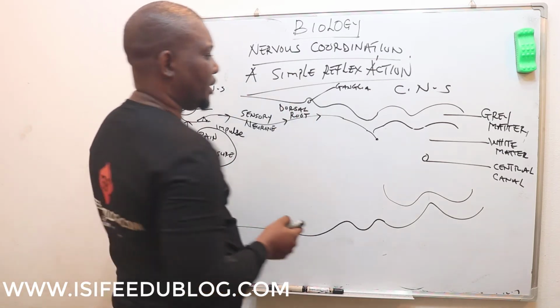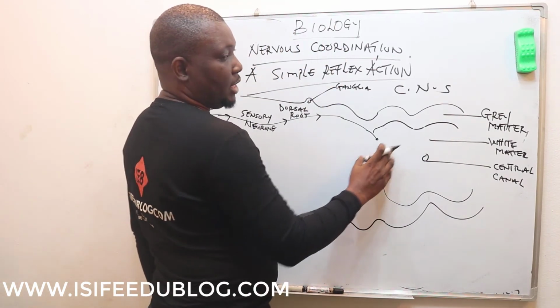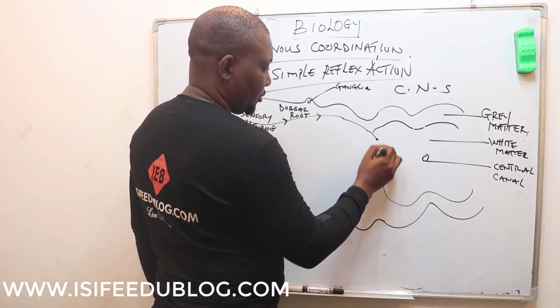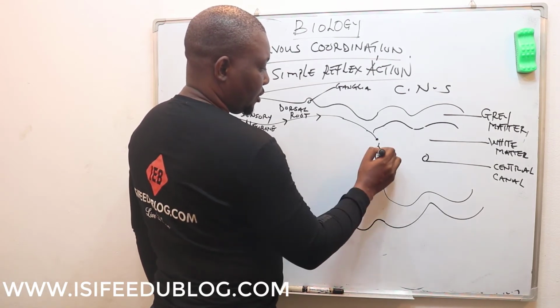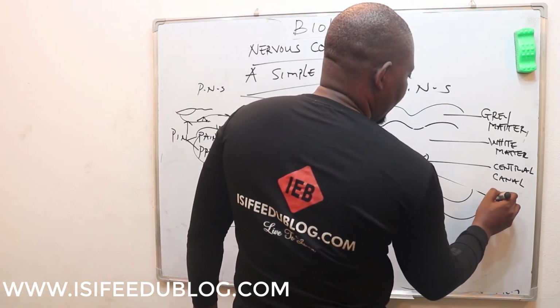Okay, there's a neuron that is stationed in the CNS, and that neuron is called the interneuron. Look at the interneuron here. I'll label it interneuron.